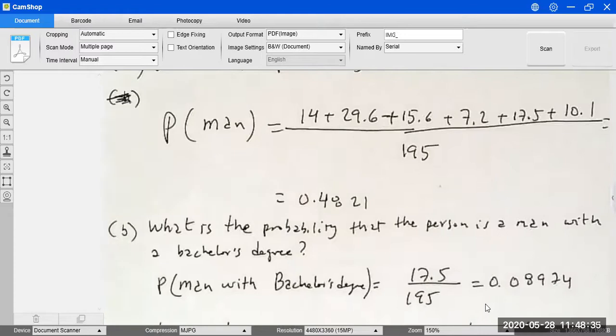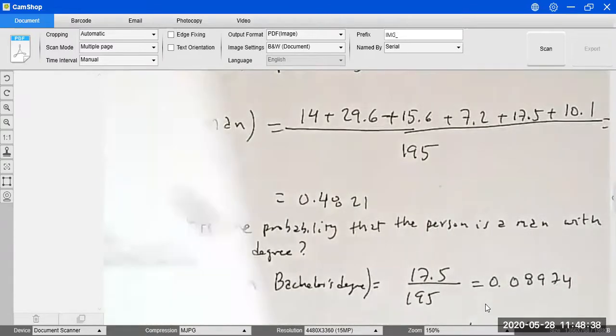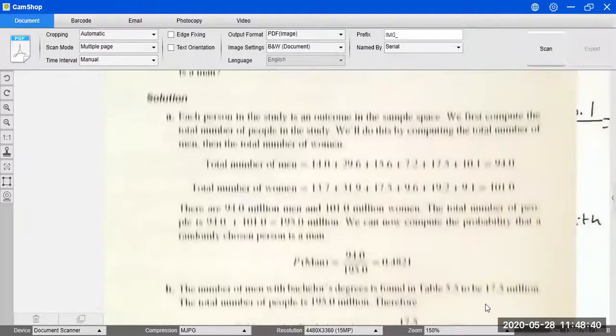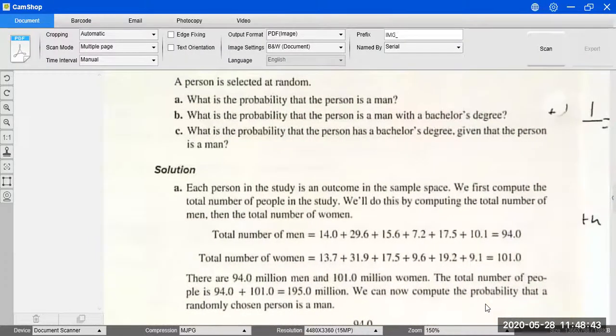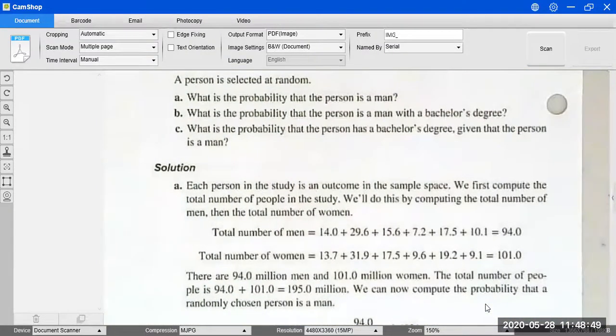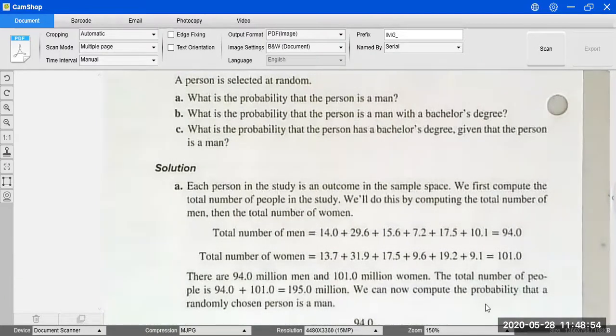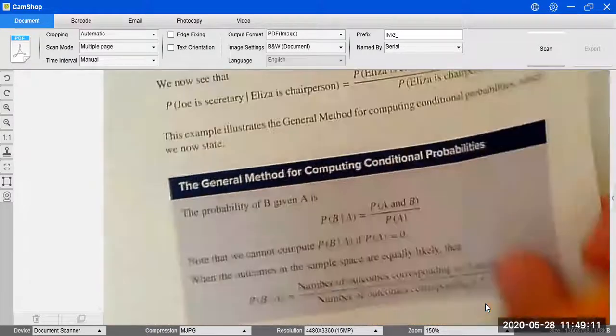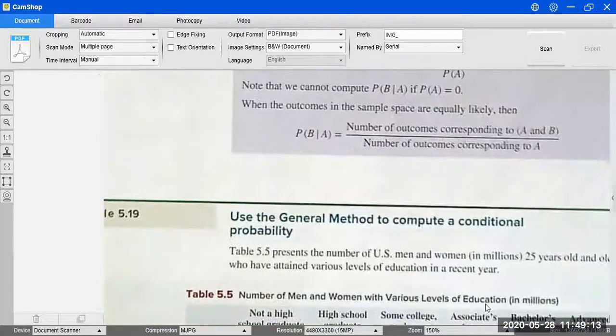Now the last question: what is the probability that the person has a bachelor degree given that the person is a man? This is a different question than the previous one. Now we know that the person is a man, so we're reducing the sample space.